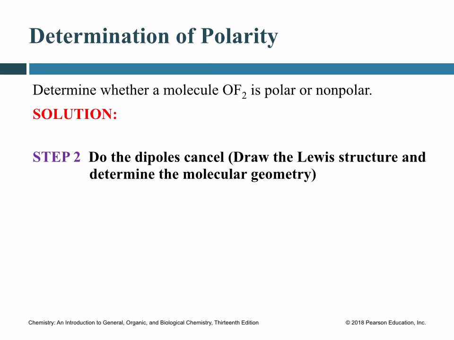If the bonds are polar covalent, draw the Lewis structure and determine if the dipoles cancel. A molecule with 4 electron groups composed of 2 single bonds and 2 lone pairs is bent. This is the same shape as the structure of water. The 2 dipoles do not cancel, therefore OF2 is a polar molecule.